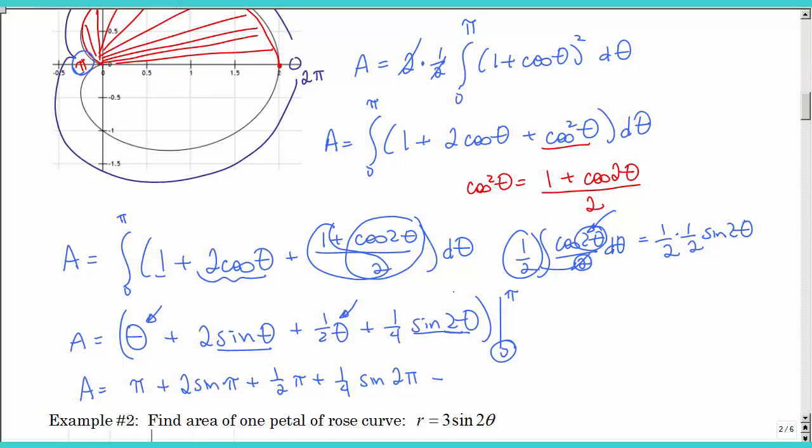The sine of 2 times 0 is still 0, so that's going to be 0. Then the sine of pi is 0. The sine of 2 pi is 0. So all we have is 1 pi plus 1/2 pi, which is 3/2 pi. And that would be your area.